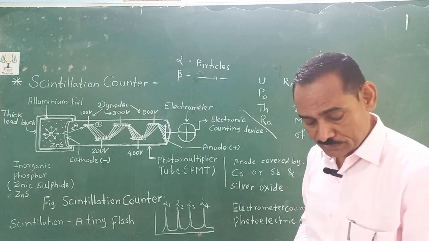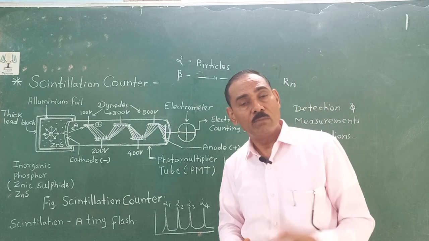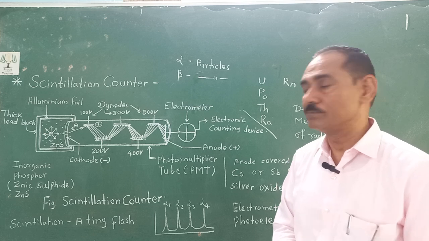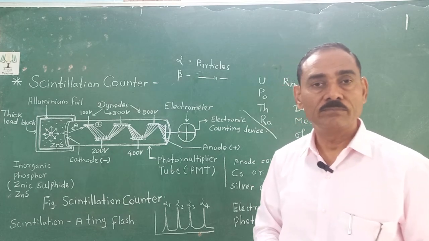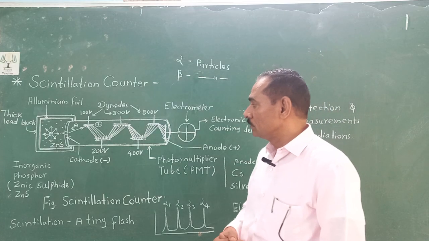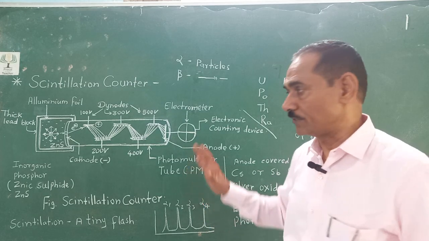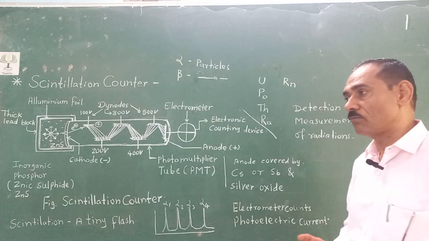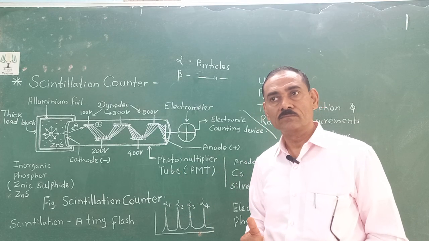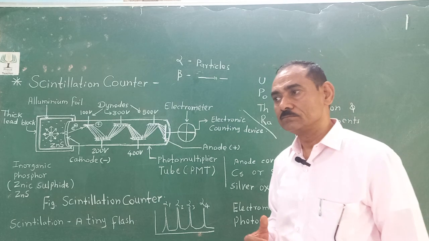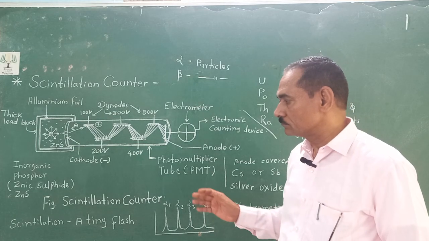These scintillation counters are now available in the market as sophisticated devices from different companies, made in India or in foreign countries like Japan, Germany, UK, which are recently being used in many research centers where there are applications of power generation, for the medical field, in the pharma industry, or in industries like fertilizer, paint, or chemical.